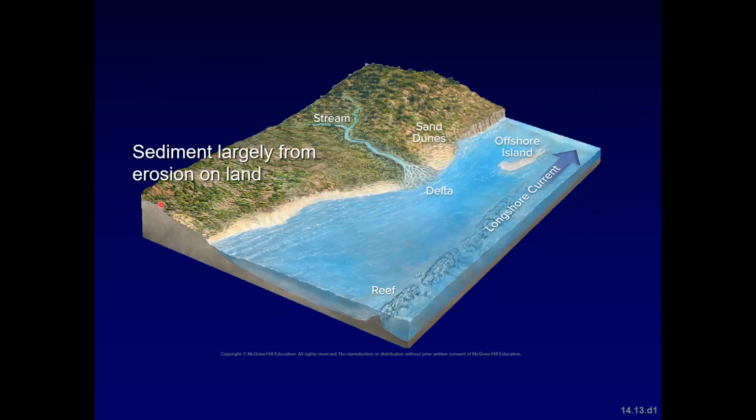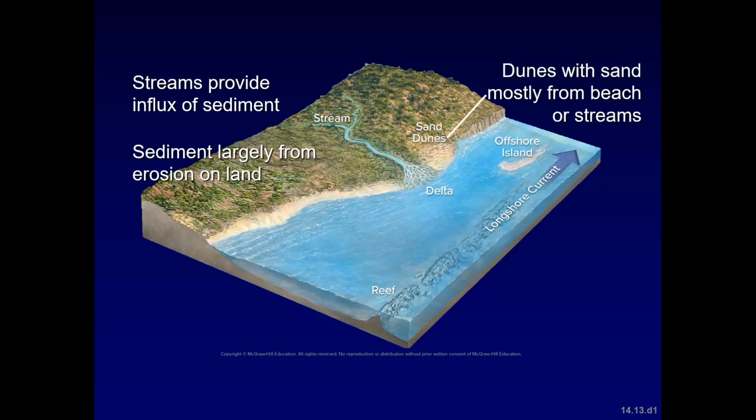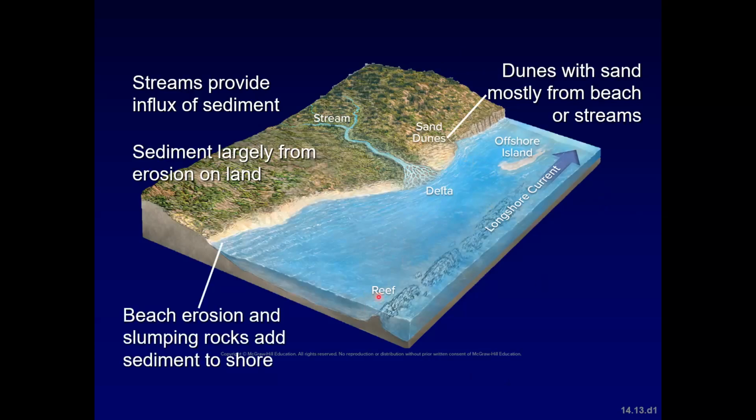You can have sediment that's originating largely from erosion on the land. Streams can also provide an influx of sediment. And then the dunes that we see along a beach are formed mostly from beach or streams, wave action. Now, or wind action, I should say.